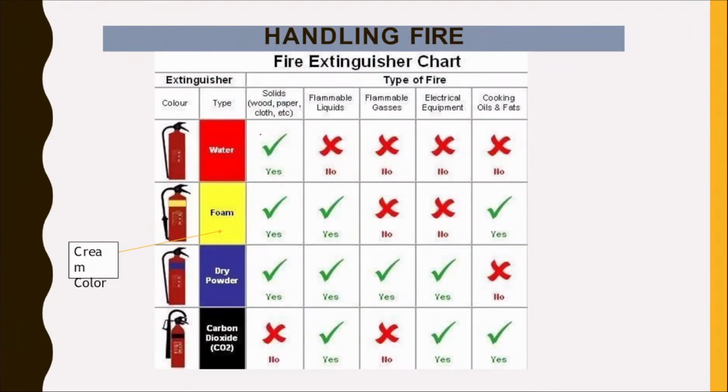Foam is suitable for class A, B, and K, dry powder is suitable except for K, and CO2 is suitable for B, C, D, and K. So that fire extinguisher chart gives the idea of which extinguishers can be used for a particular fire.